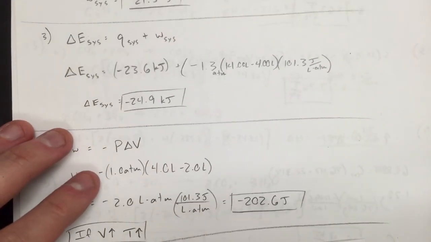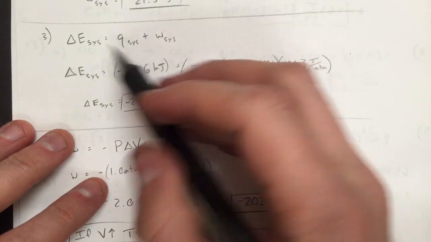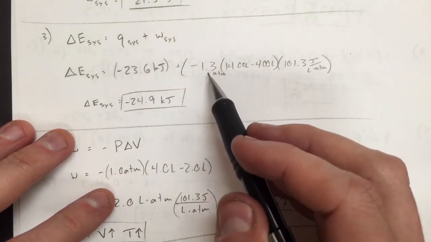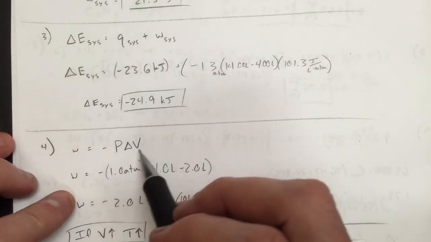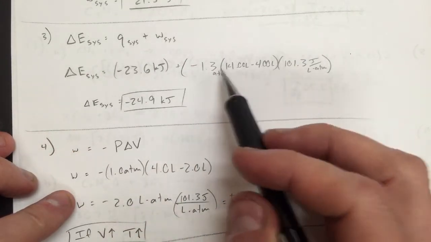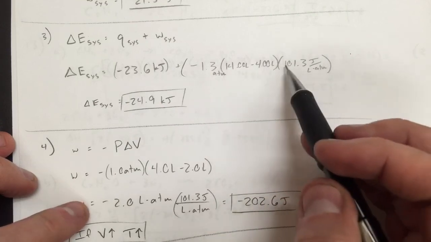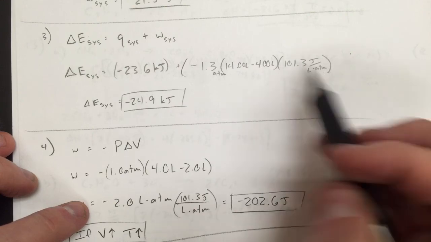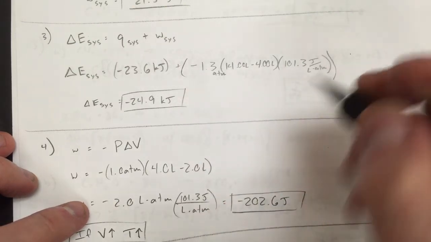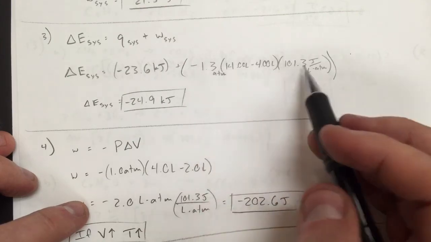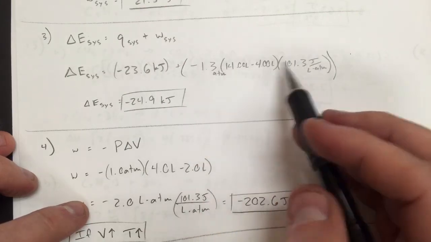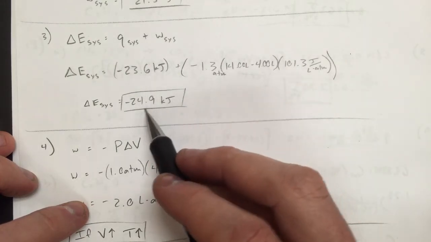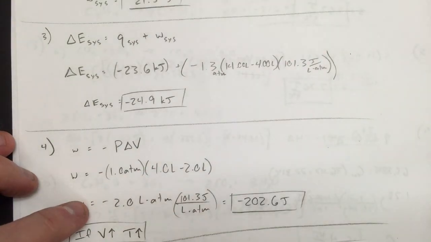So again, E is equal to Q plus W, and we have Q already, and we have to find W. W is negative P delta V, so we have the pressure times the change in volume, and then we change that to joules by multiplying by the factor joules per liter atm. The liter atm on the bottom will cancel with the liters over here, and there should actually be one more parentheses there. When we multiply that and then change it to kilojoules, we move the decimal point 3 places for that product, and then add it to Q. It's not a whole lot more. It is just negative 24.9 kilojoules for number 3.